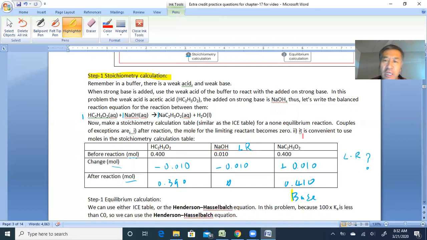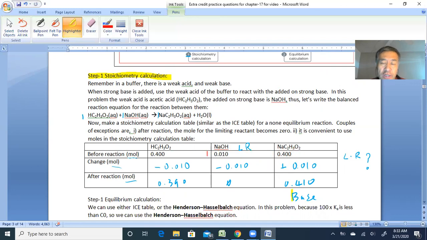Second, it is convenient to use moles in a stoichiometry calculation table. So before the reaction, we have 0.400 moles of the acid. We have added 0.010 moles of the NaOH. We also have 0.400 moles of sodium acetate.